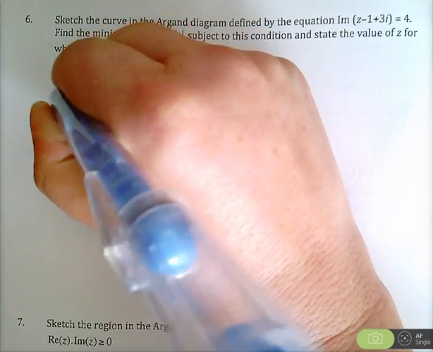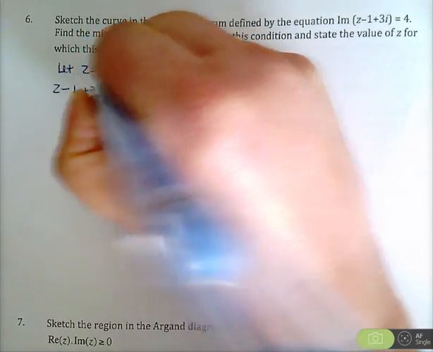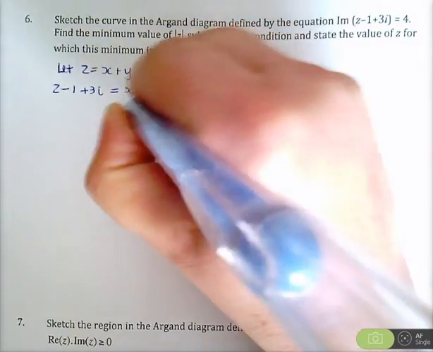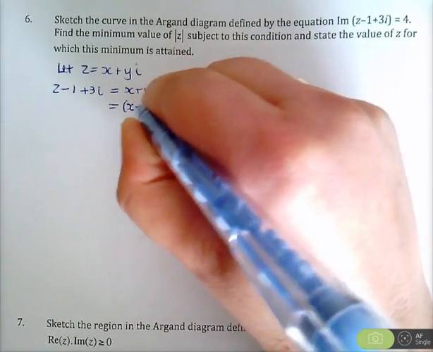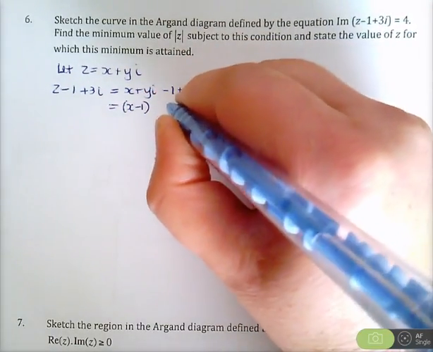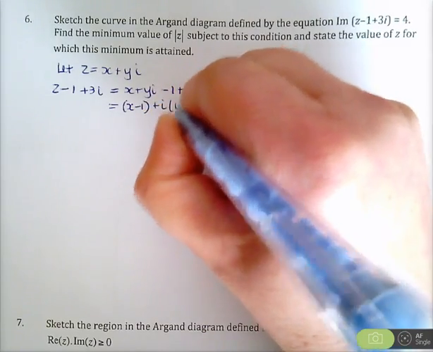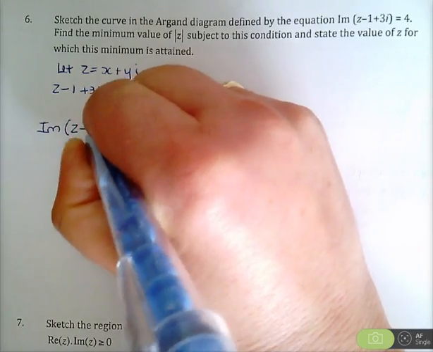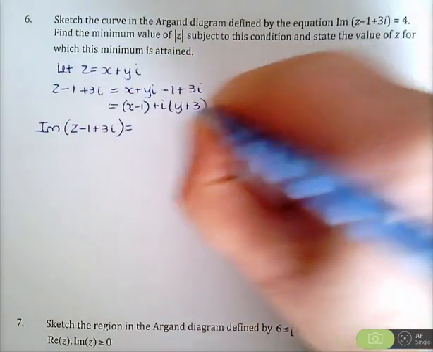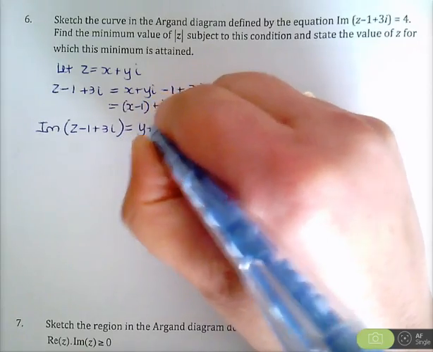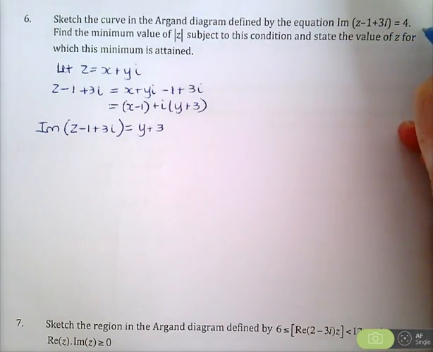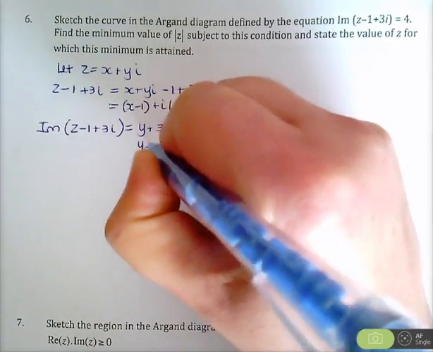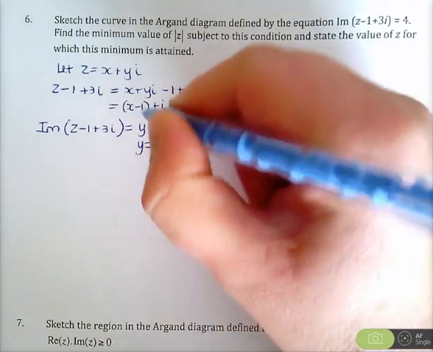That means z minus 1 plus 3i is x plus yi minus 1 plus 3i. Collecting real and imaginary terms, we've got (x minus 1) plus i times (y plus 3). So the imaginary part of z minus 1 plus 3i is y plus 3, and that is equal to 4. So we've got y equals 4 minus 3, which is 1.